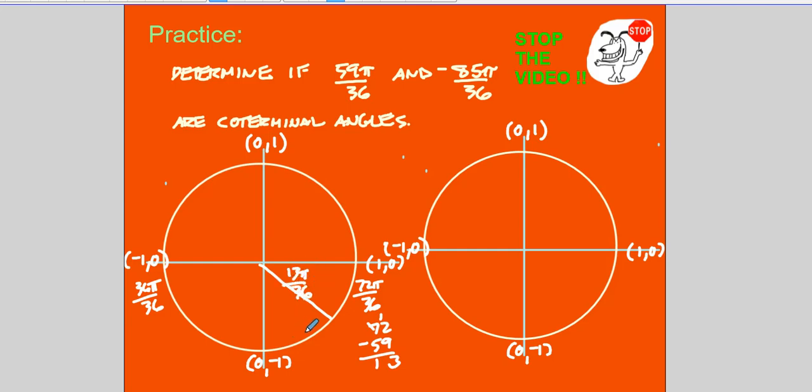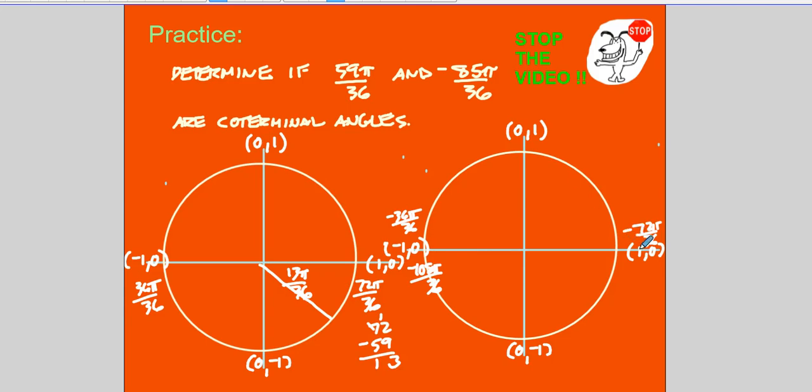Okay. Then my other angle is going to be a negative rotation. So this is negative 36 pi over 36. This is negative 72 pi over 36. This is going to be 72 and 36 is 108. This is negative 108 pi over 36. That's too far.